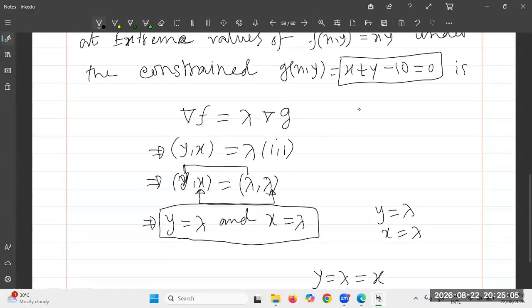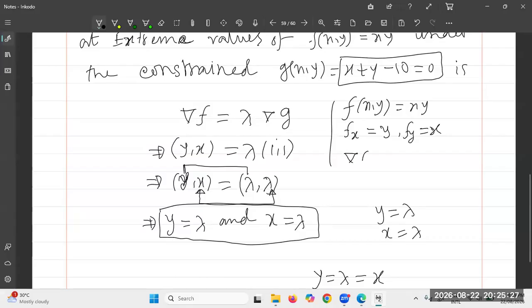So our function was f(x, y) equal to x times y. Differentiating this function with respect to x gives y, and differentiation with respect to y gives x.